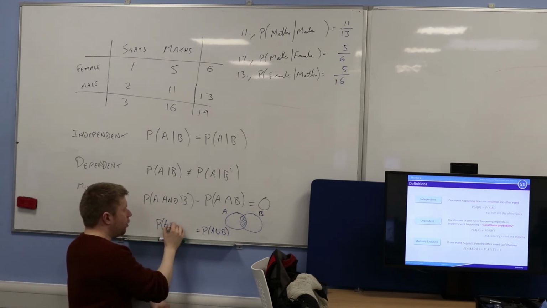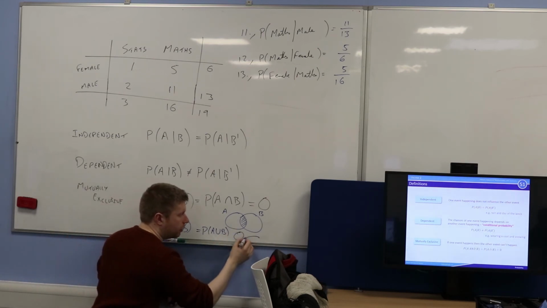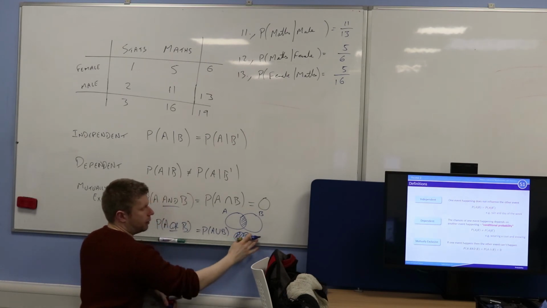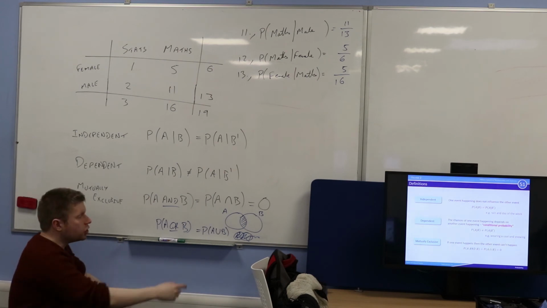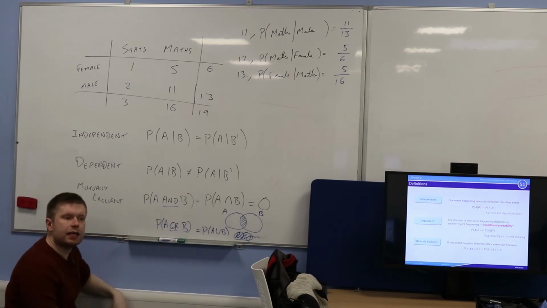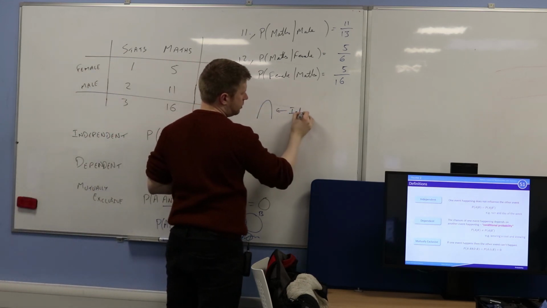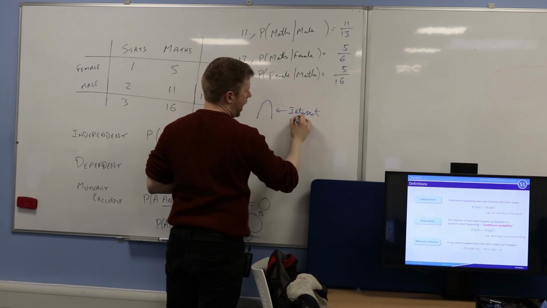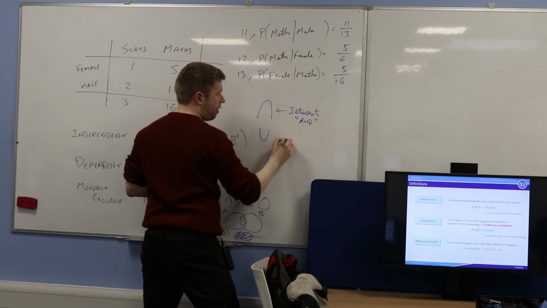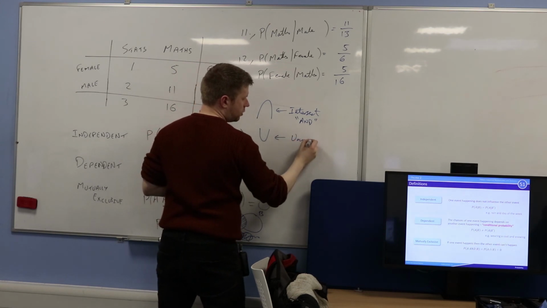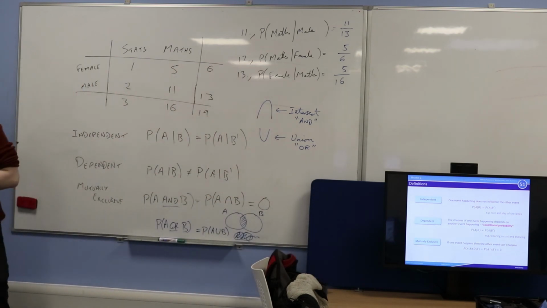So in other words, probability of A or B. That's an and, that's an or. It's everything, anything in A or anything in B. So just be aware of this notation because it is handy. That symbol simply means intersect, or and. So you want things in that set and in that set. This one means the union, or.